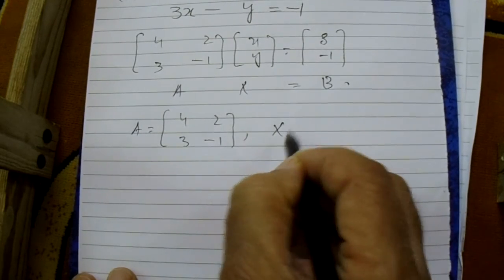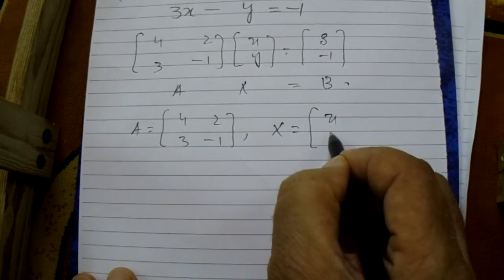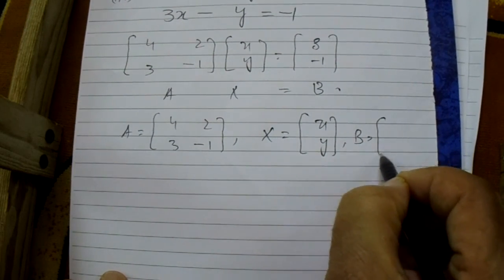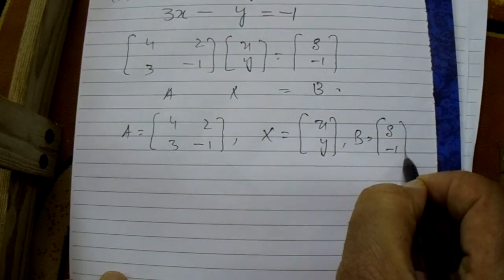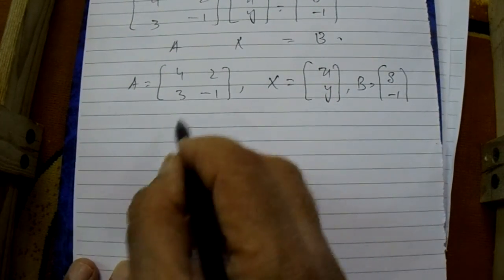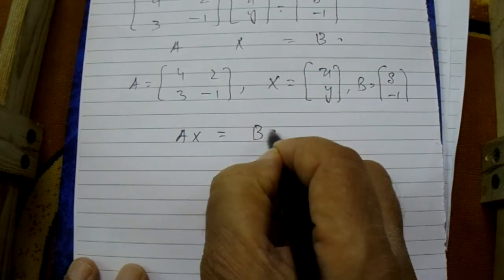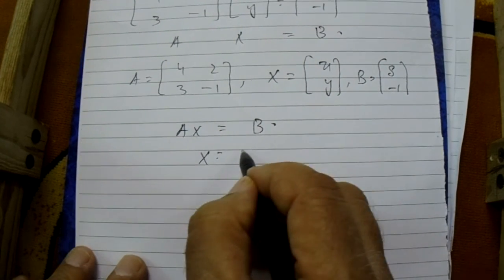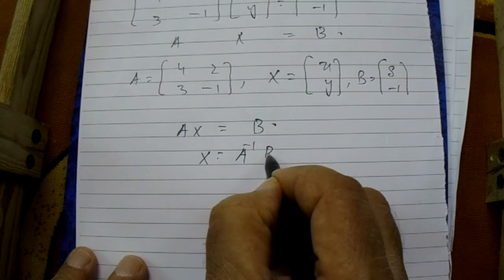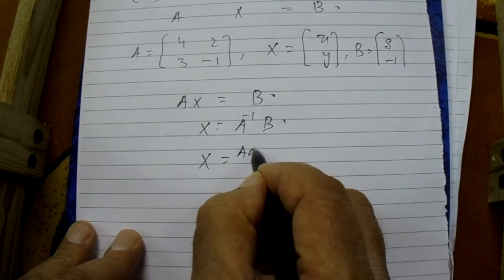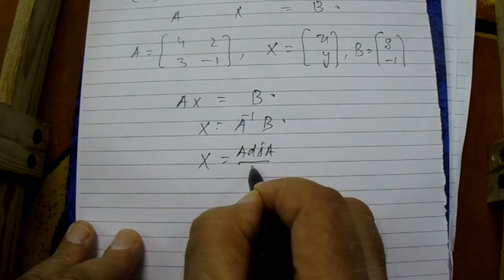Now X is equal to x y and B is equal to 8 minus 1. We write again AX is equal to B, and X is equal to A inverse B, and we know that A inverse is equal to adjoint A over det A.